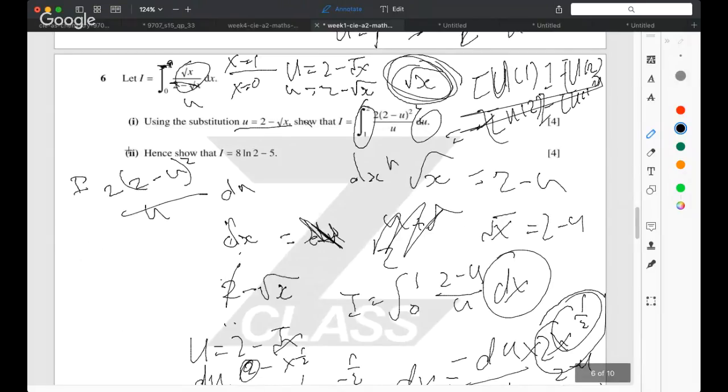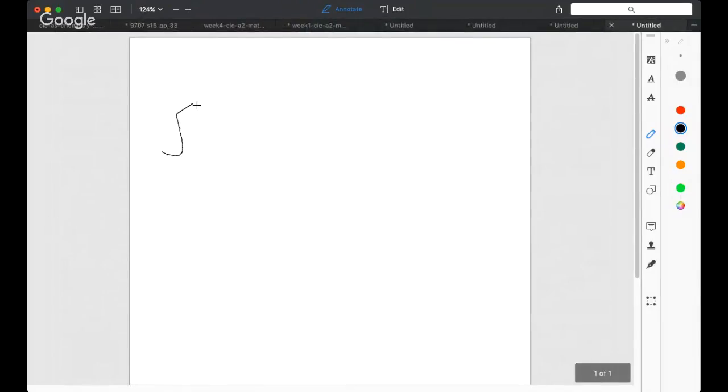The last bit is just to integrate this. Do you know how to integrate this? I'll write it on another sheet. So integrate (2 minus u) squared over u.